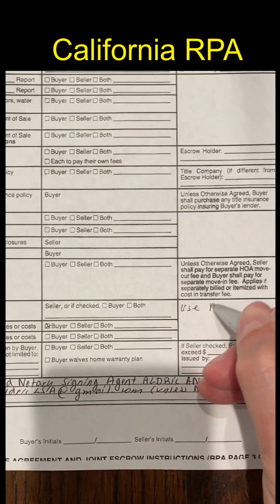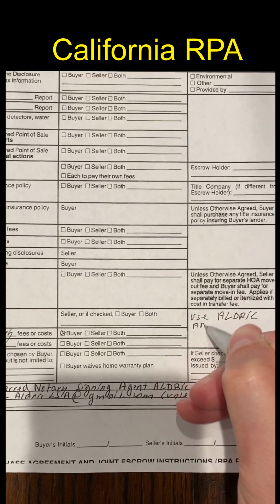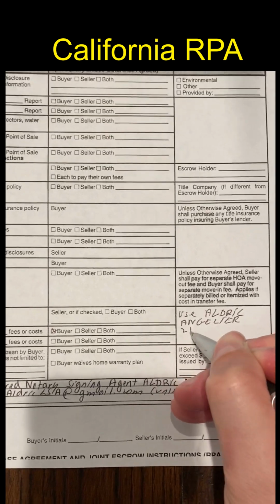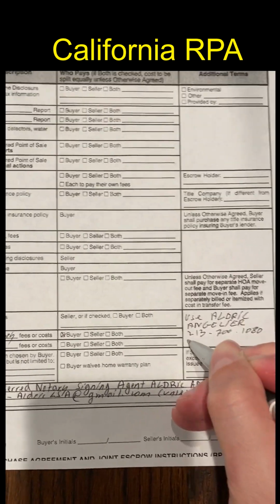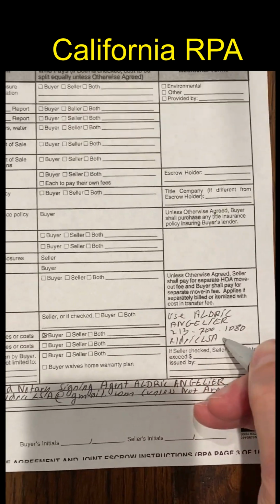Use Aldric and Juliet, and phone number and email address. But again, it would be either or.